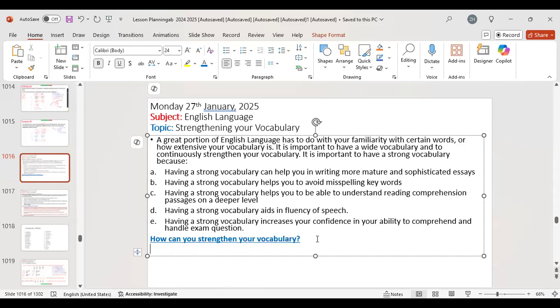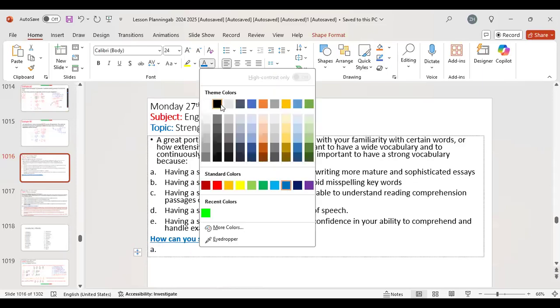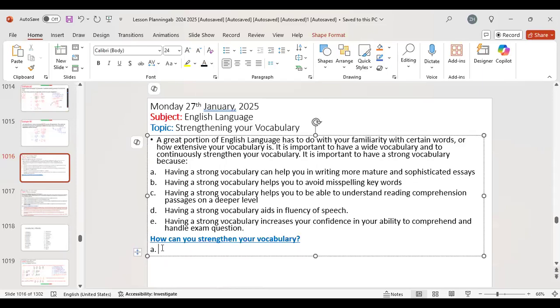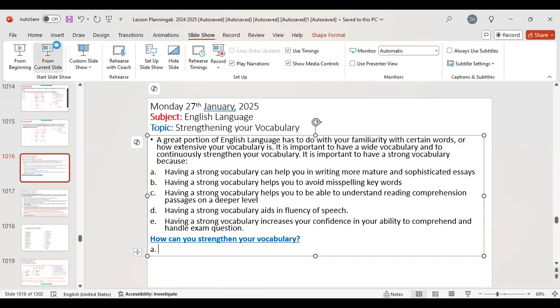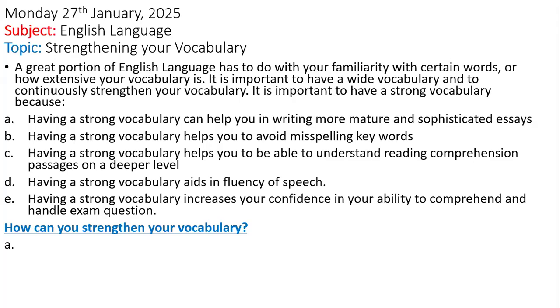How can you strengthen your vocabulary? All right, go right ahead. By writing more, yes. Writing more. And I think reading is the best, not just reading but trying to understand the word. Not just reading out loud, but reading and examining something.